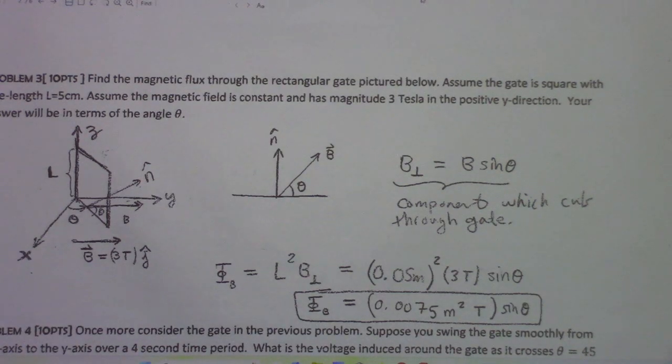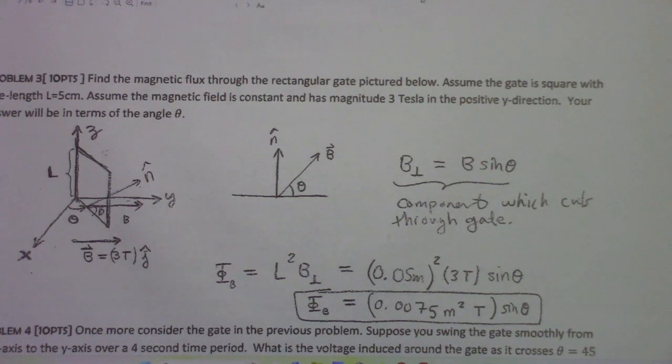we have, well, there's my gate, right? There's my angle theta. And so here's a picture of the perpendicular to the gate and the magnetic field and theta. You can picture that down there.